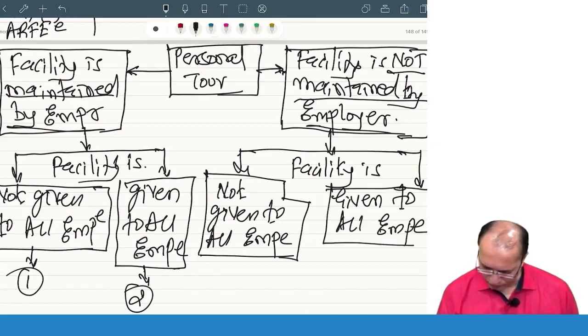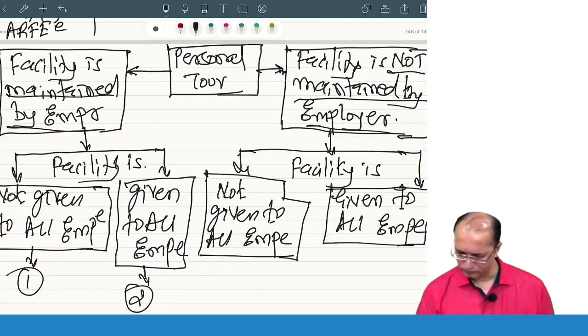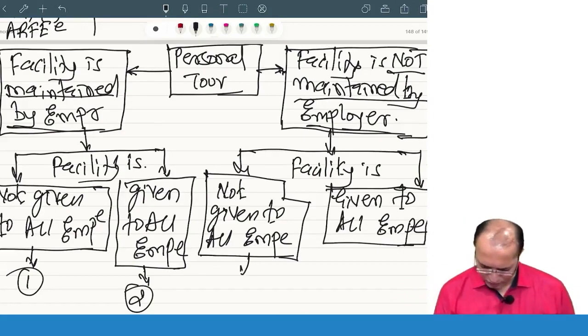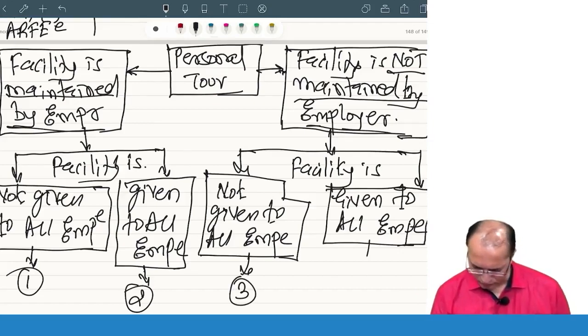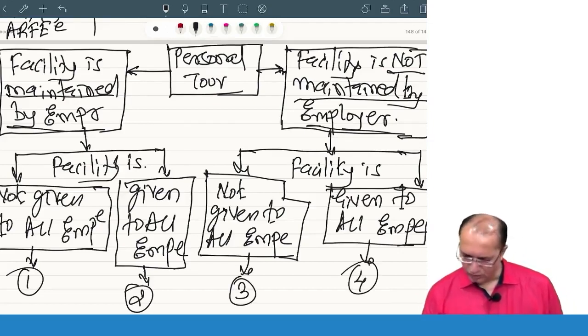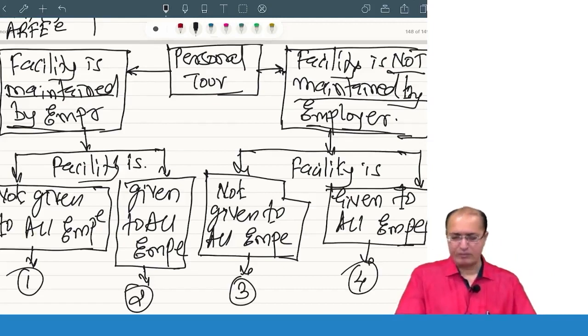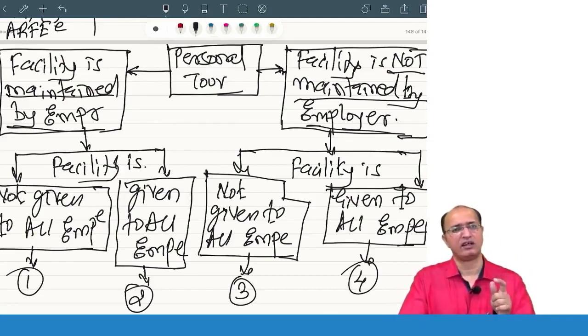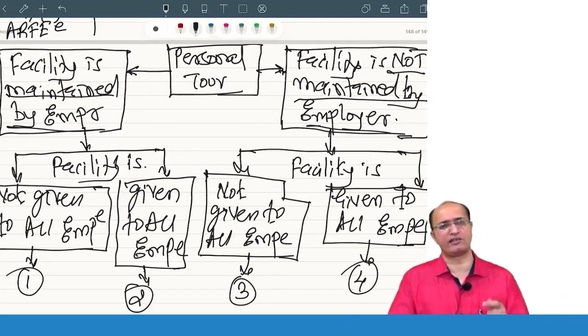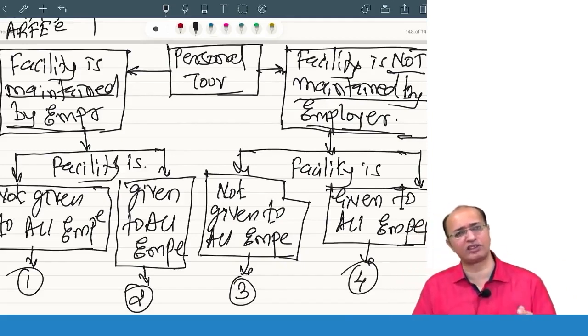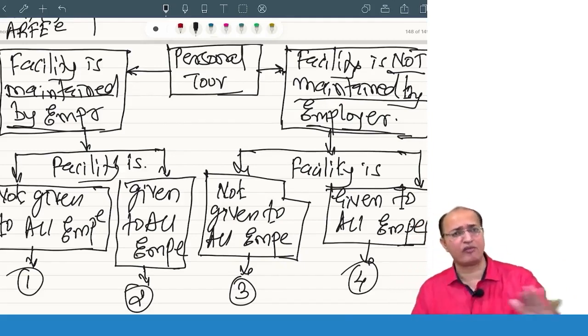I think there is no need to explain this now. When facilities are given to all employees, whether an employee is working at a higher designation or a lower designation does not make a difference. To everyone, uniform facilities are given.